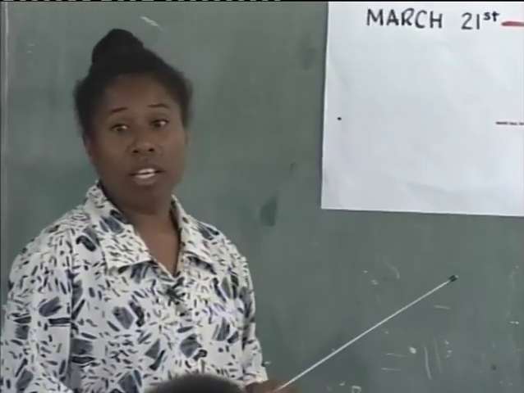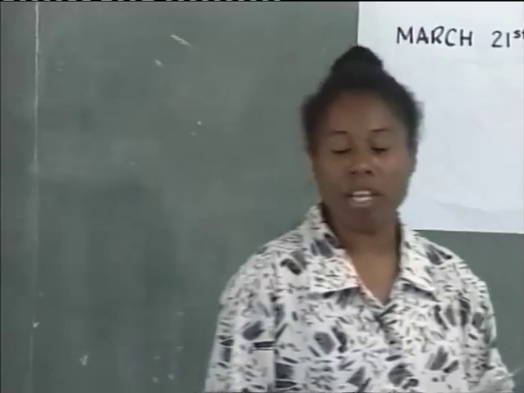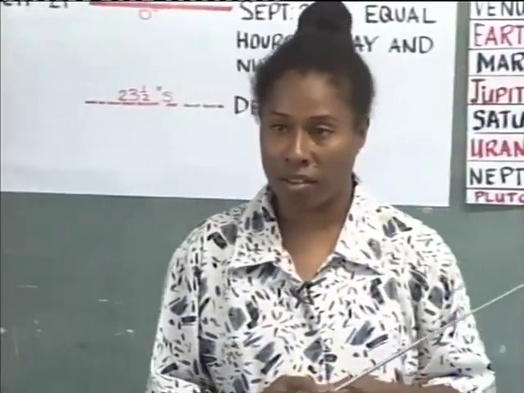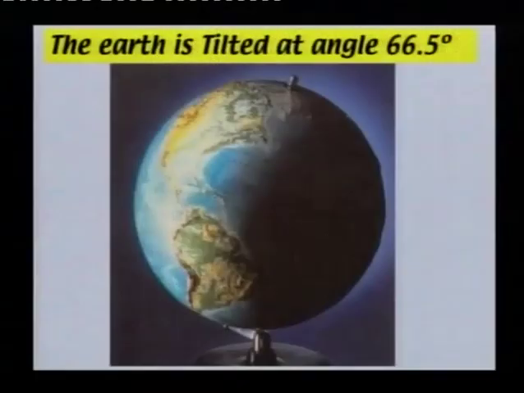When we are actually noting the seasons, it is also important for us to note the tilt of the earth. Along the horizontal plane, the earth is actually tilted at an angle of 66.5 degrees. Along the vertical plane, we can say the earth is actually tilted at 23.5 degrees. The tilt of the earth plus the motion of revolution also has a big influence on the seasons that are experienced.